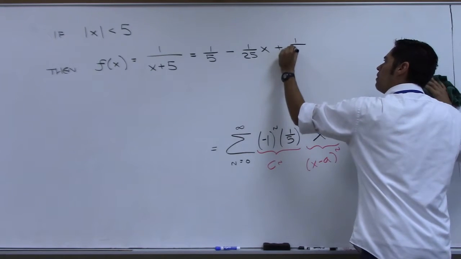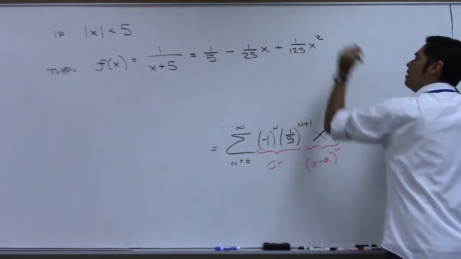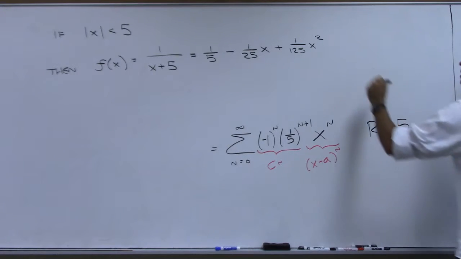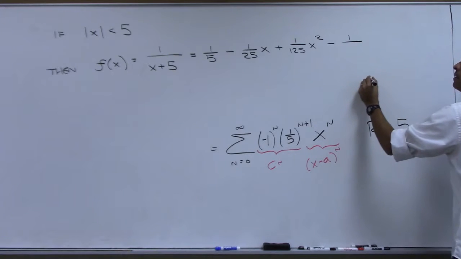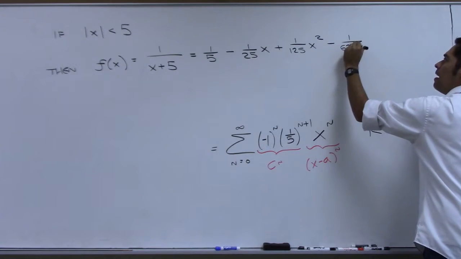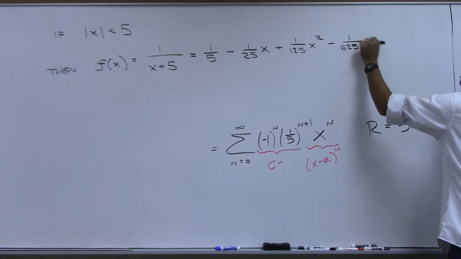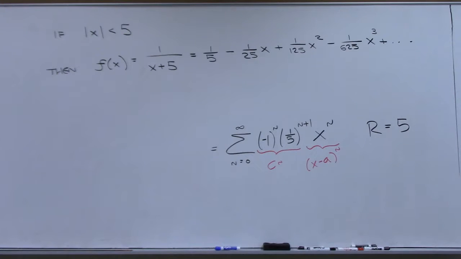Plus 1 over 125 x squared. We'll go one more. What? Minus 1 over 625 x to the third plus dot, dot, dot. And that goes forever, right? You with me?